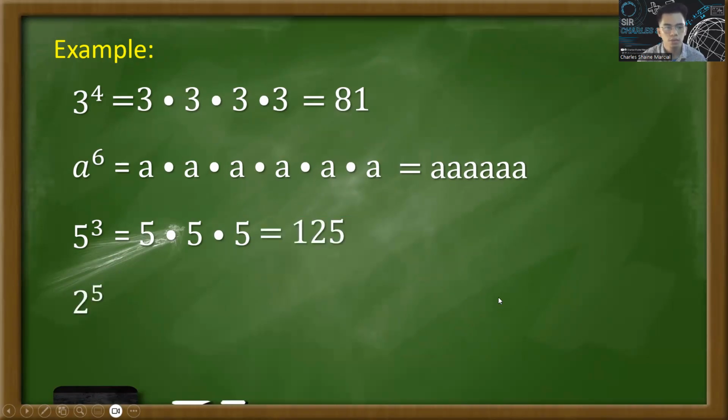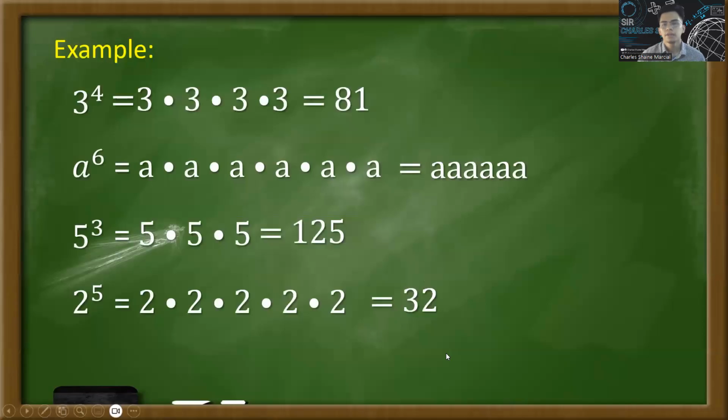Next, we have 2 raised to 5. 5 beses imumultiply si 2. Then that is equal to 2 times 2 times 2 times 2 times 2. The answer is 32. Okay? So that's the idea of exponent. That's how we do when we see an exponent sa isang number or variable.